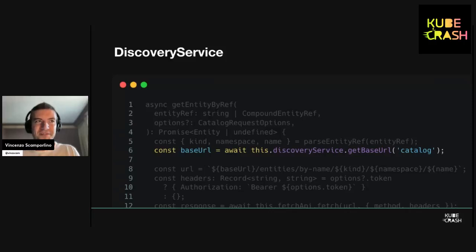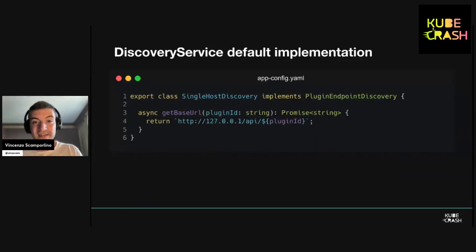Now I was curious to know how this worked. So I dug into the source code of Discovery Service, and I found something even more interesting. Here it is. Yes, Discovery Service can resolve the address of any of the plugins, but unfortunately, batteries are not included.